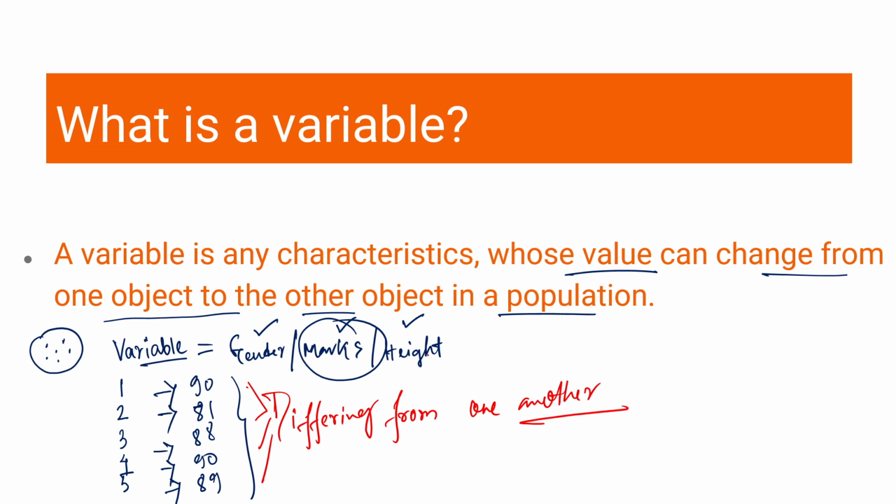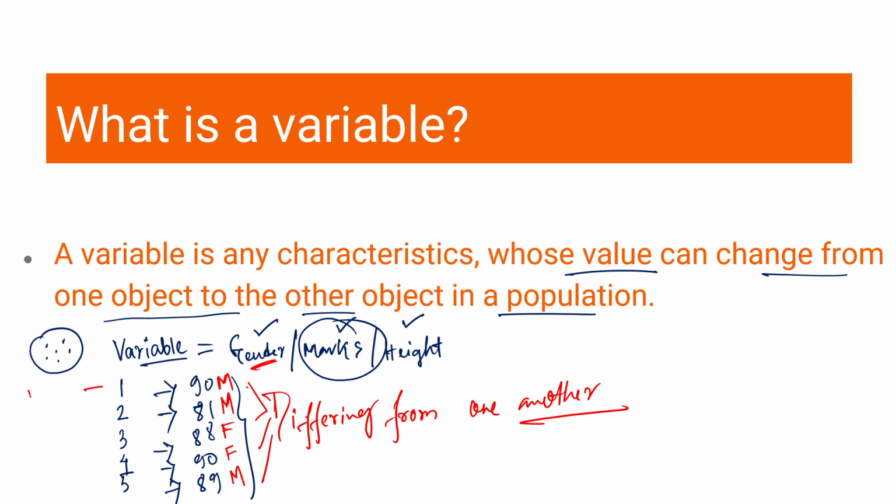If you are taking a categorical value, let's say gender, in that case also, one student is maybe male, another one is also male, roll number 3 can be female, 4 can be female also, 5 can again be male. It varies from one object to another.